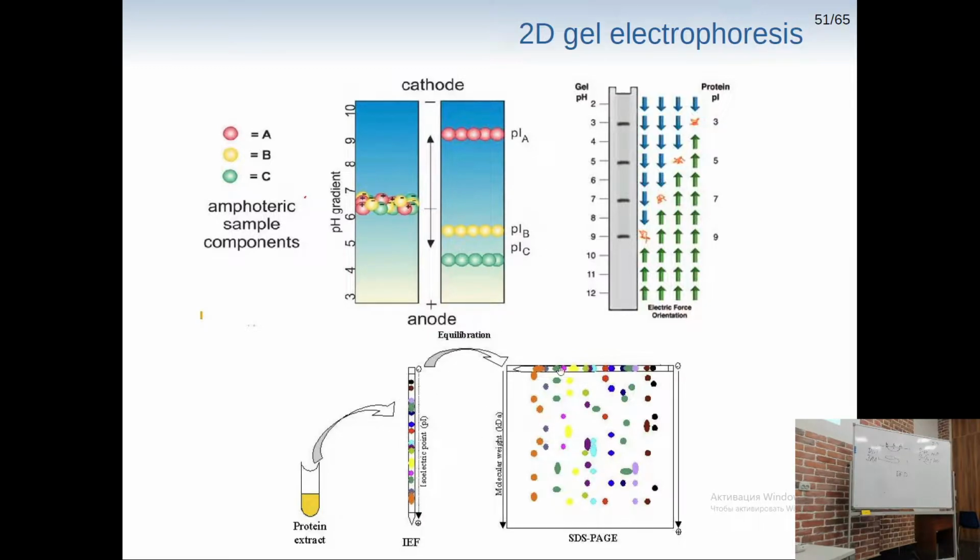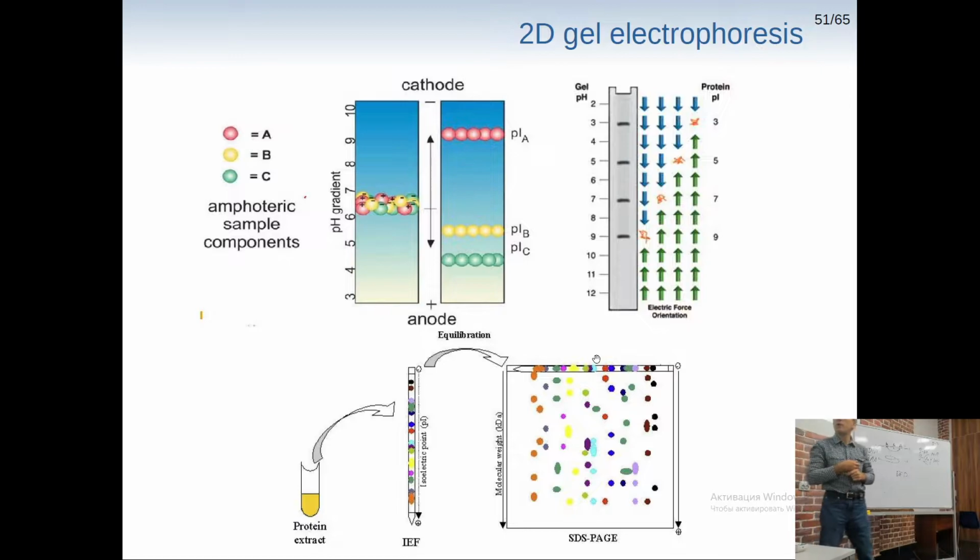Before we put it on our SDS-PAGE gel, we need to use those two chemicals in a special protocol to reduce those disulfide bonds and to modify our cysteines, to be able to resolve molecular mass, or actually the length, of our proteoforms, right?